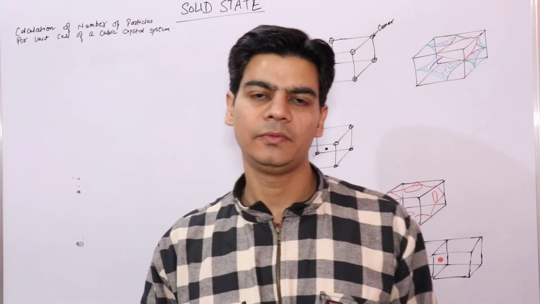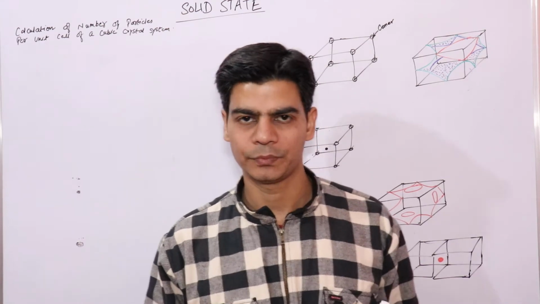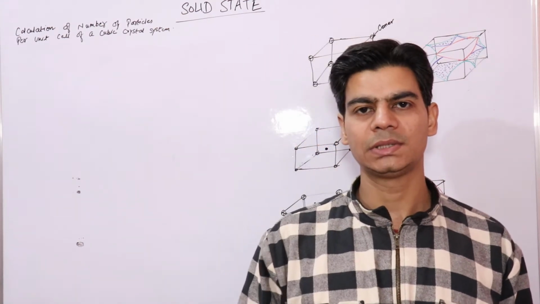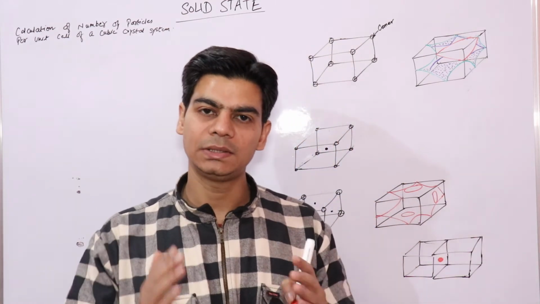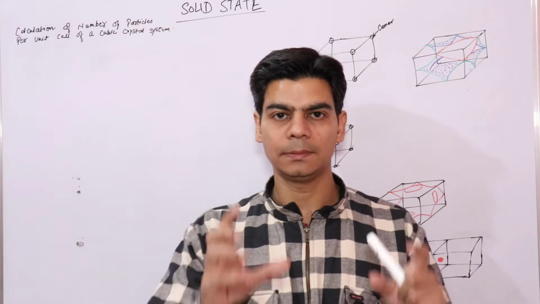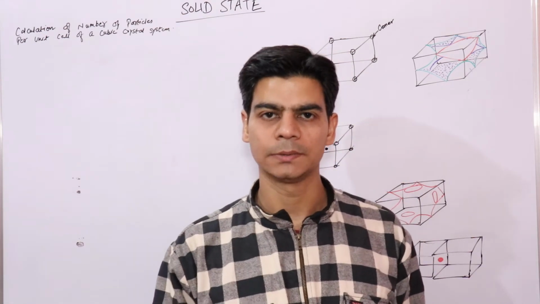In this video lecture, we will go through how to calculate the number of particles in a unit cell. If we recall, we know that a unit cell is the smallest part of a crystal lattice, and it tells us how exactly the particles in the crystal lattice are arranged.